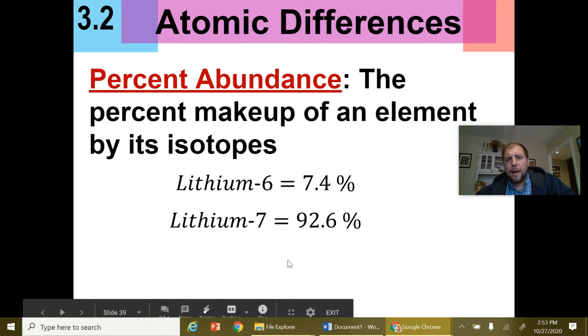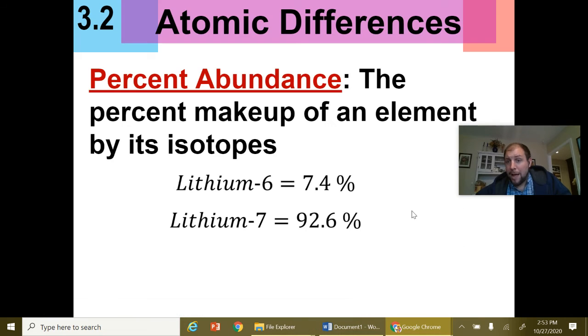Cool. All right? Now, these isotopes don't appear in the same amounts, okay? For example, those carbon isotopes I was talking about before, like 99% of carbon is carbon-12, 6 protons, 6 neutrons. Like 1% is carbon-13, 6 protons, 7 neutrons, and like 0.00000000001% is carbon-14.